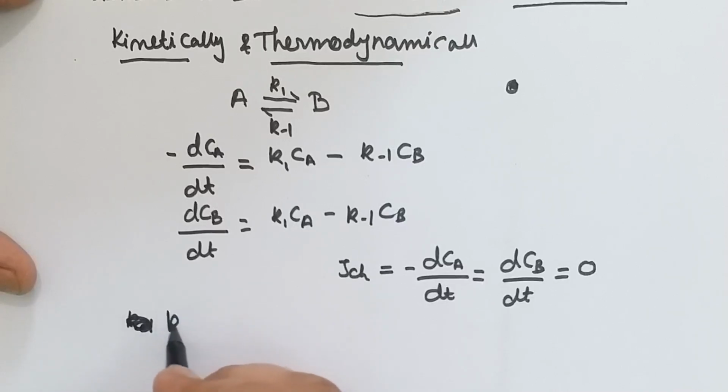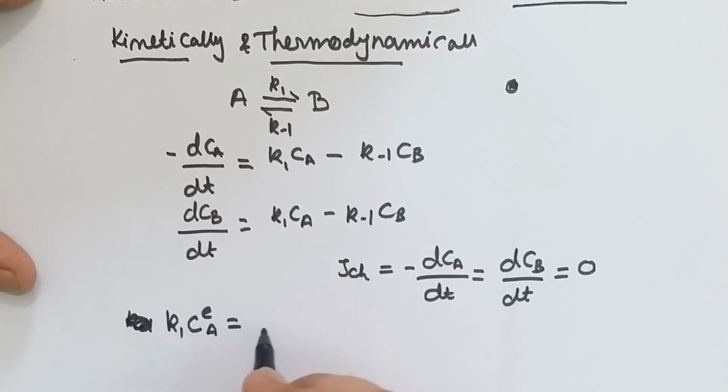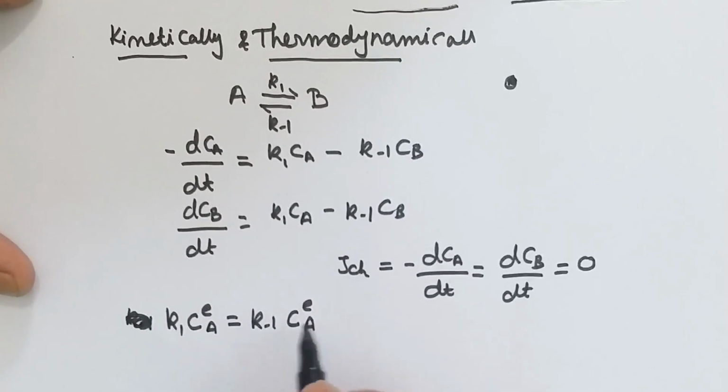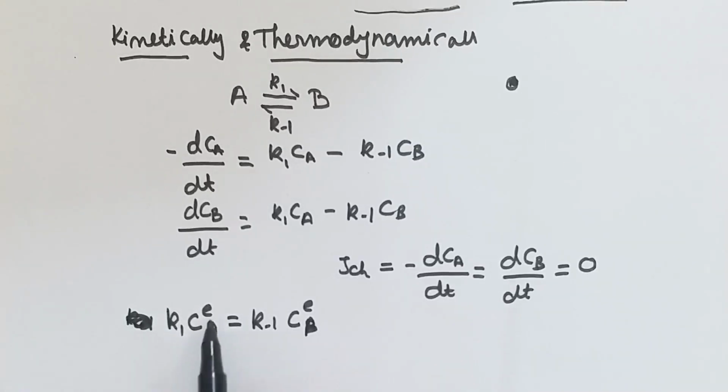K1 CAE is equal to K minus 1 CBE. Over here the superscript E refers to the equilibrium condition.